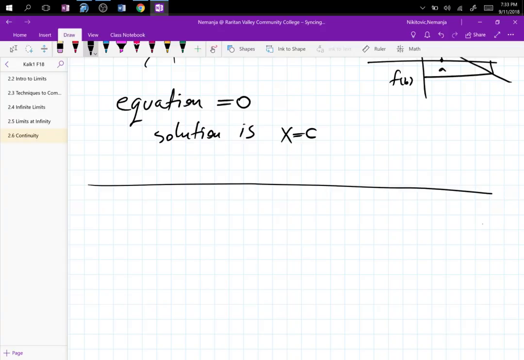When I started tutoring math, I learned a very disturbing truth, and that is that in this country no one teaches graphical solutions of the equations, which is actually the way to go.